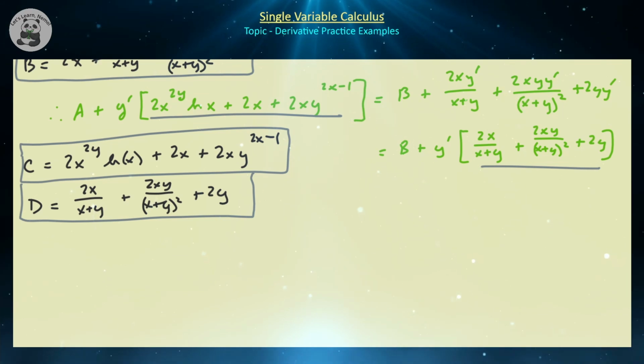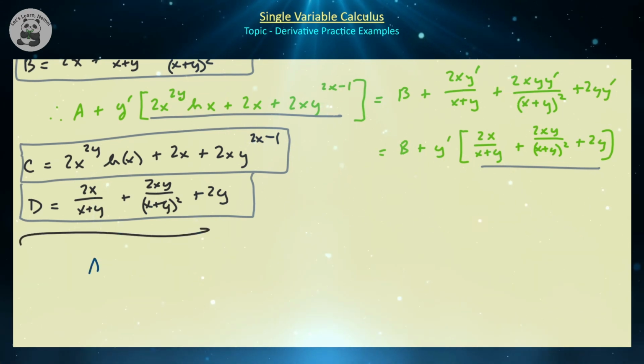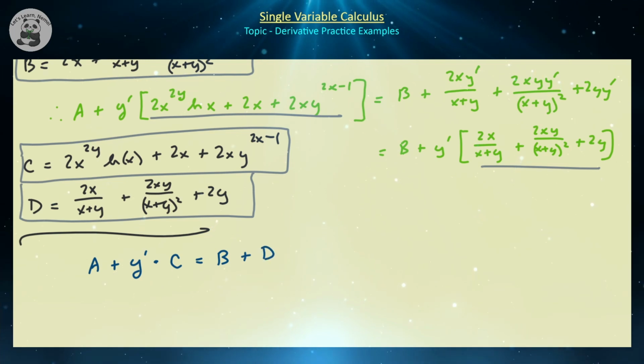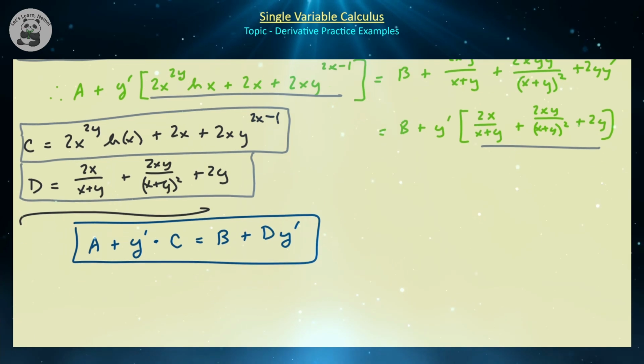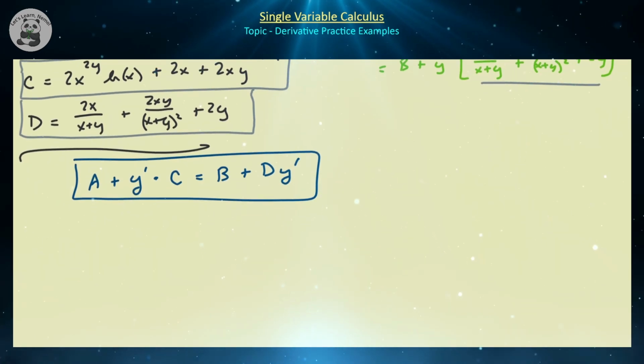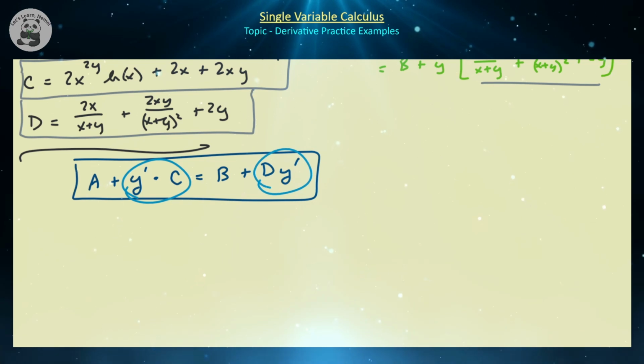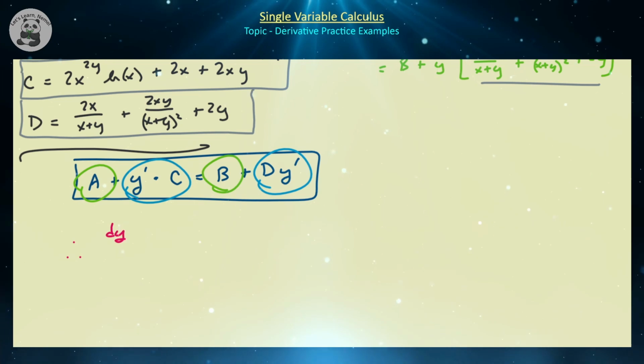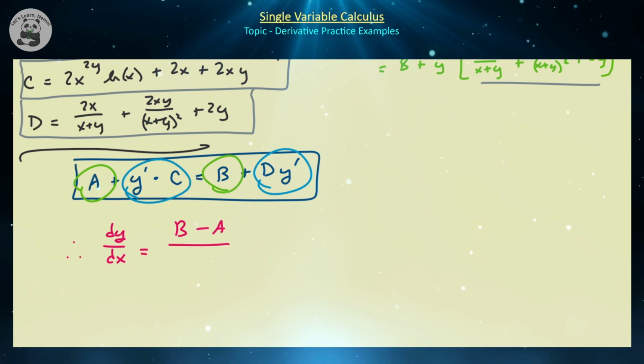So using all of our substitutions up to this point, what do we have? We're going to have a plus y times c is equal to b plus d y prime. Isn't that so beautiful to look at? That's so nice. All right, so I'm just going to move my y prime terms to the left-hand side and everything that doesn't have y prime to the right-hand side. So I'm going to have dy over dx is going to be equal to b minus a all over, no it's not, y prime on the left.